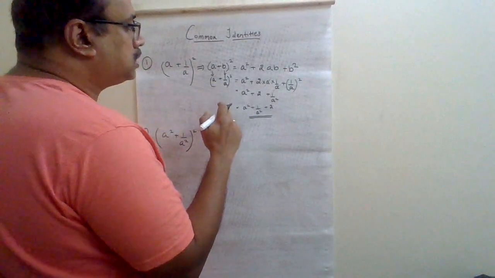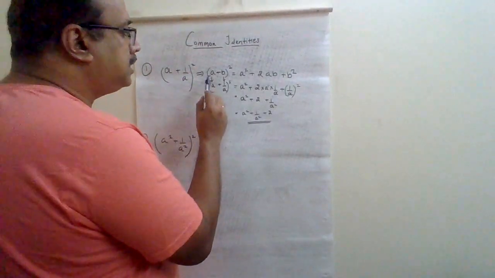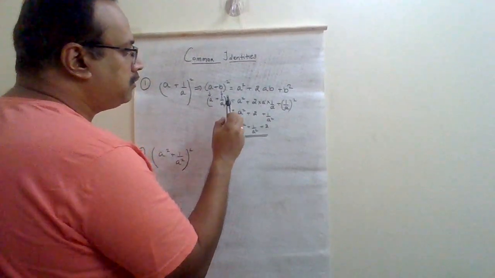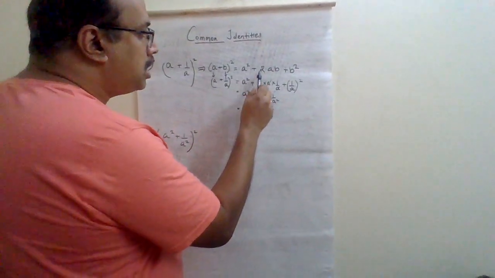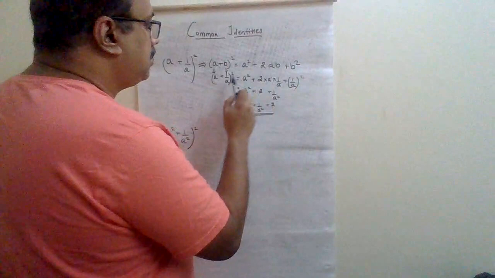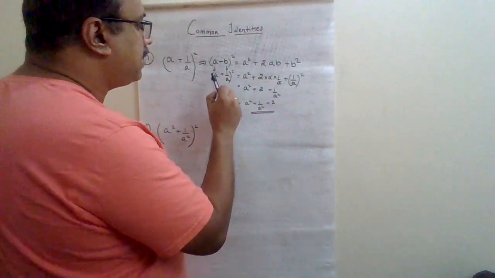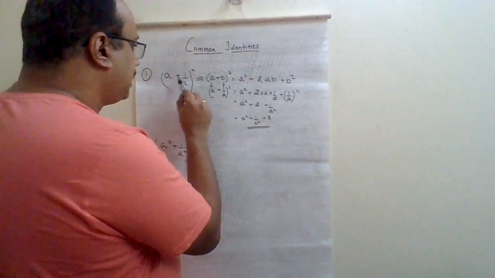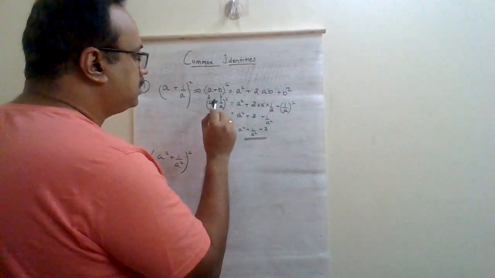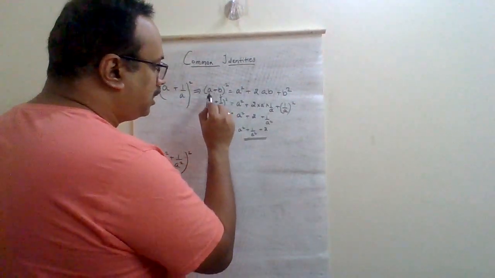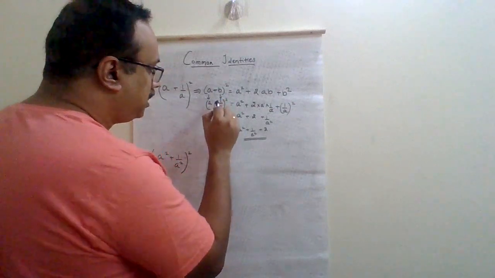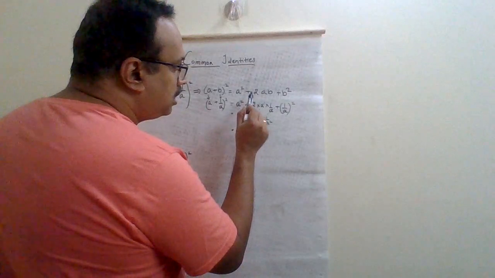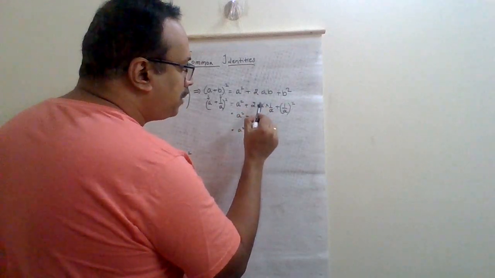What we have done here basically is we have used the formula of a plus b the whole squared, which is equal to a squared plus 2ab plus b squared. I have substituted the value of a and b here, where a is a and b is 1 by a. That whole square is equal to a squared plus 2 times a into b.